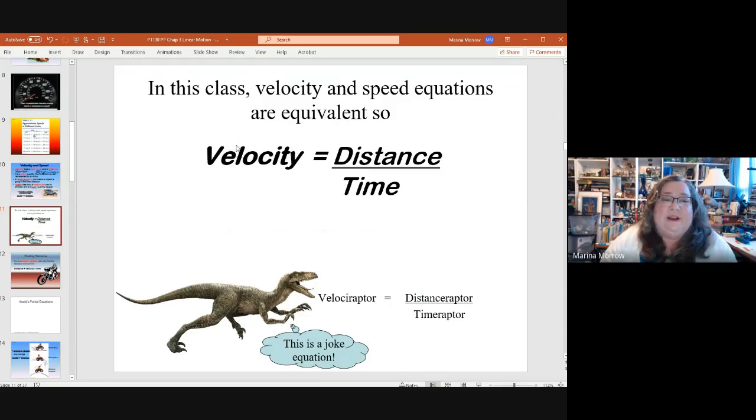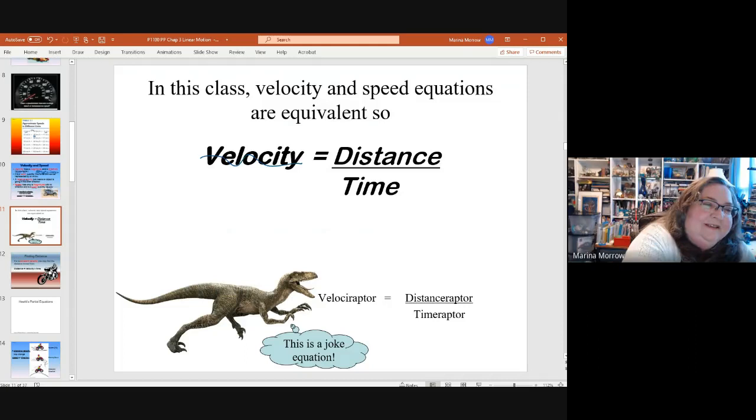So we're going to use velocity equals distance divided by time. But it's okay if you don't have a direction. We don't have a separate equation for speed. They are equivalent for this class, so you can also think of this as speed equals distance divided by time.